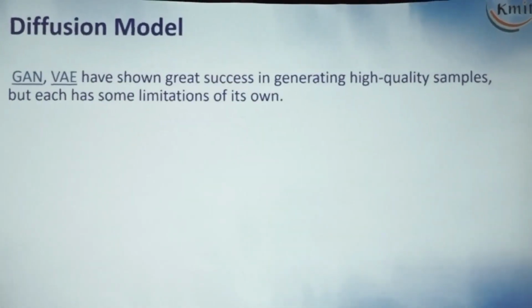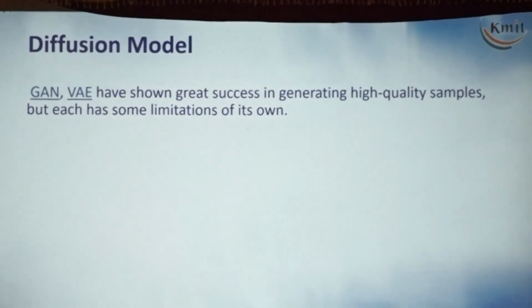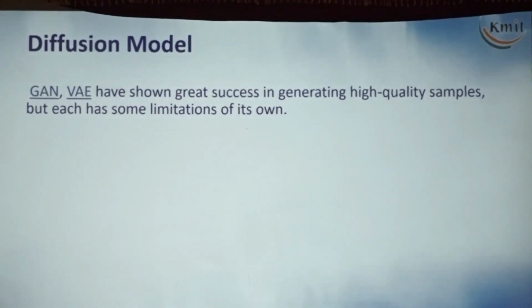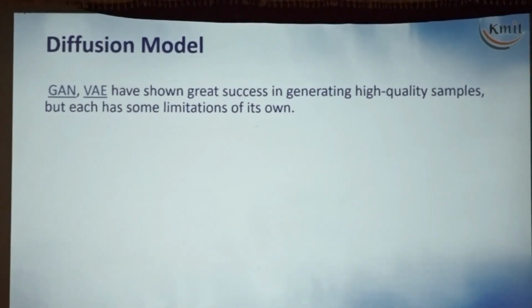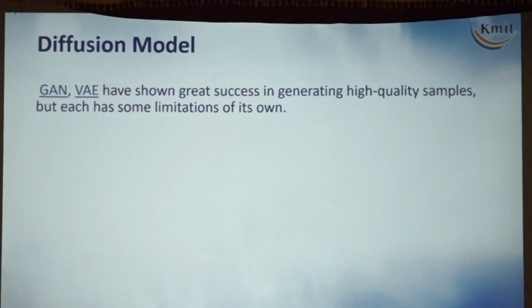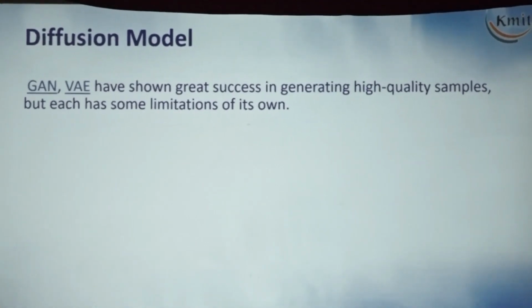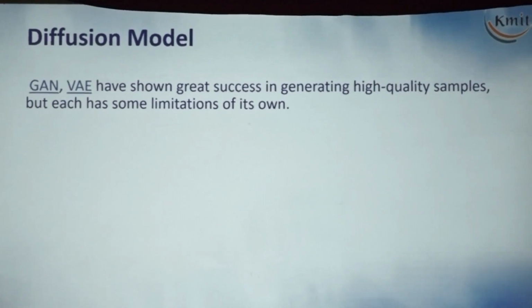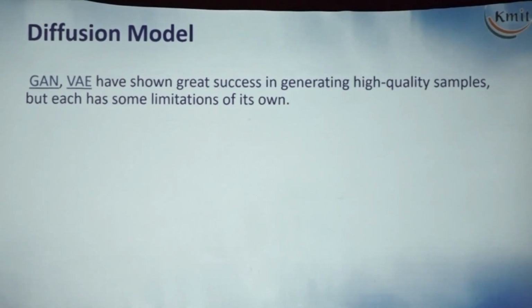And what is the diffusion model? Already we have the GAN and VAE. They generate images, but not in the proper way. There are some limitations. The VAE gives a somewhat blurred image compared to GAN.